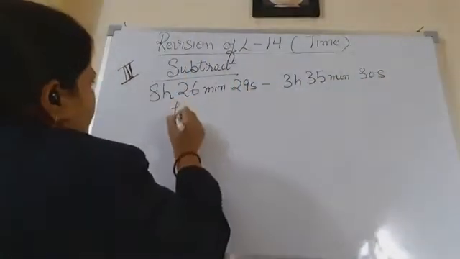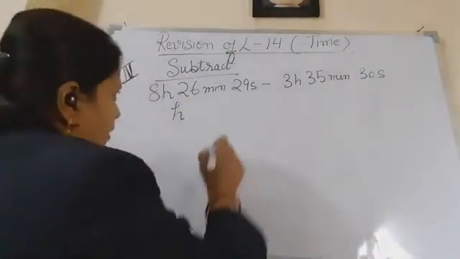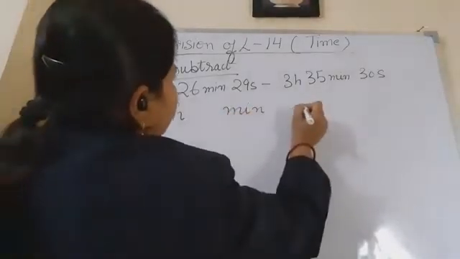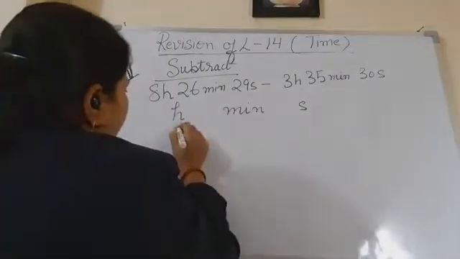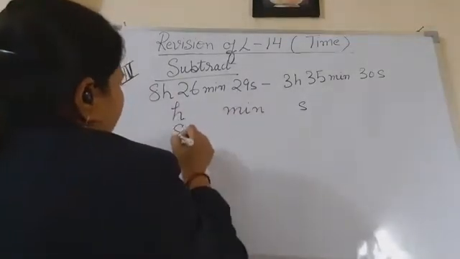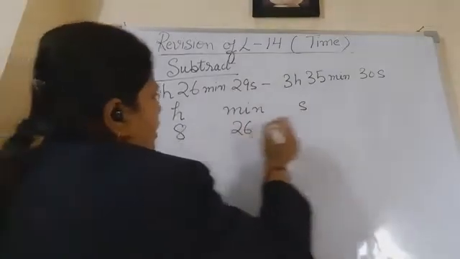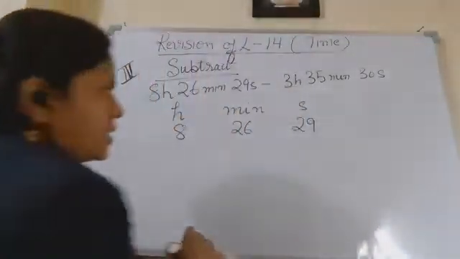The first column in the extreme left hand side is of hour, then minutes, and then seconds. Let us write the larger value on top: 8 hours in the hour column, 26 minutes in the minute column, and 29 seconds in the seconds column.